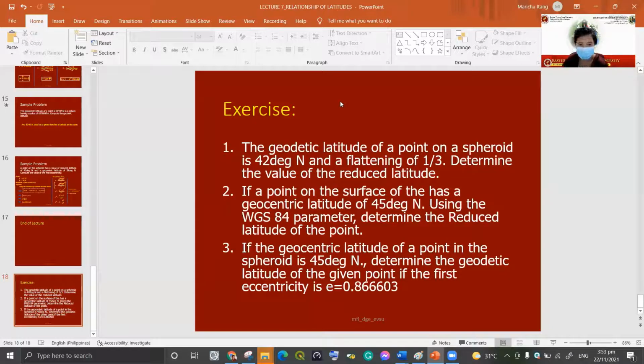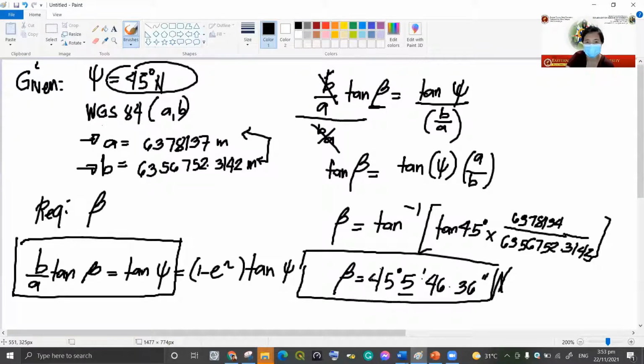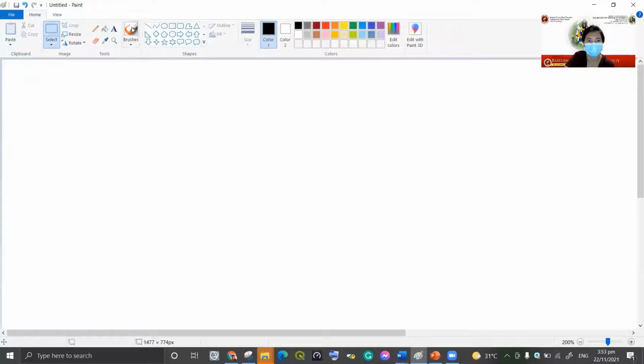Okay, we take note of the given. We have the geocentric latitude of 45 degrees north, and we are going to compute the geodetic latitude, given that the first eccentricity is 0.866603.